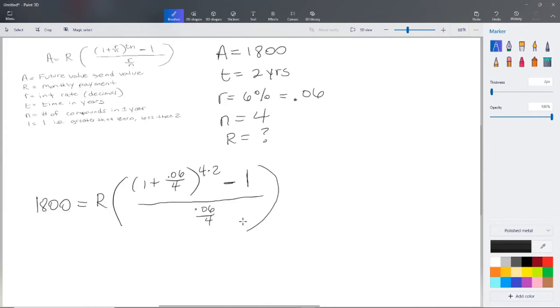So the way I remind myself of that is to say this problem really comes down to this: big R equals 1,800 divided by whatever I get in my big parenthesis. I'm going to leave that big parenthesis blank for the moment, because that's going to remind me to get that value. So let's bring our calculator up and calculate what this amount is going to be.